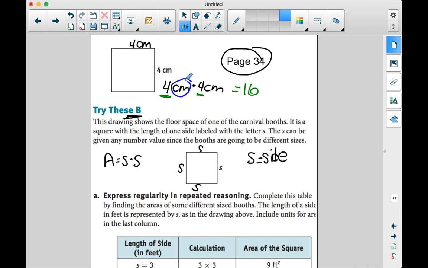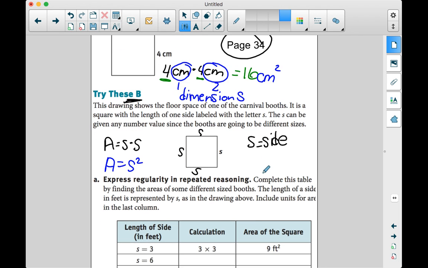Centimeters times centimeters gives me centimeters squared, and that 2 is because there are 2 dimensions. Okay? So here, my area equals side times side, so I could write that as side squared.